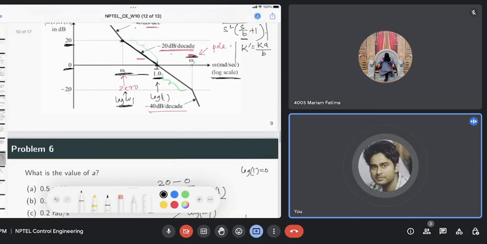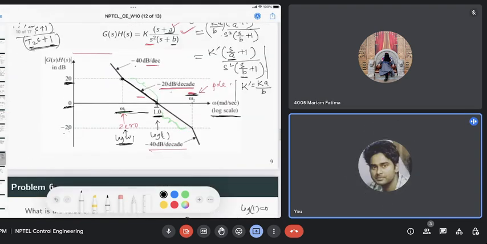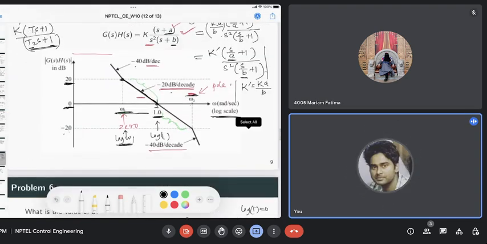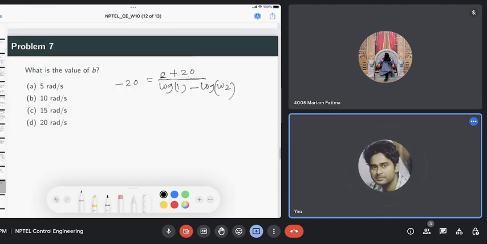Just verify this: 0 and minus 20, so we have 0 minus of minus 20, which is plus 20, and the corresponding values are 1 and omega 2, right? So again we just simplify that. Log of 1 is 0, so it will be minus 20 by log of omega 2, or log of omega 2 equal to 1.